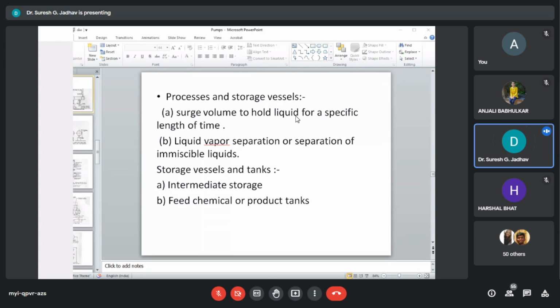Now, next, storage vessels and tanks can be classified into two categories. The first one is intermediate storage, generally located adjacent to process units or buildings. And second, feed chemical or product tanks, remotely located, the area being identified as a tank farm with its diking and acid proofing requirements.